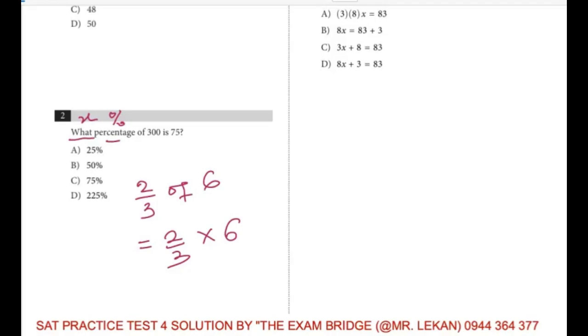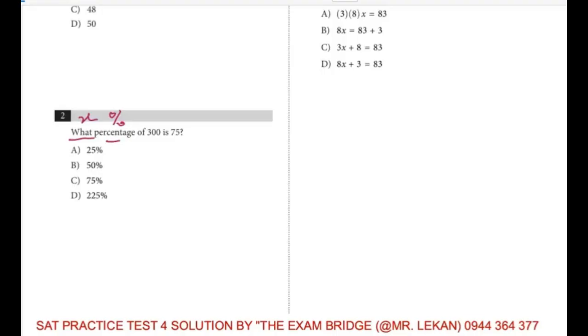That is the logic here. Now, let us solve the question. What percentage of 300 is 75? Let me use X to represent that.